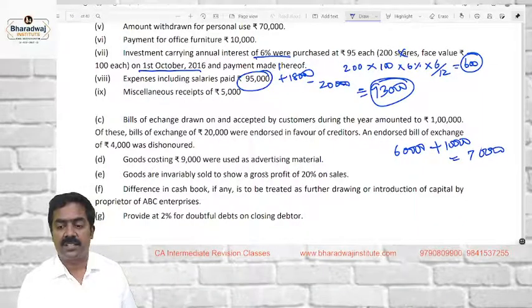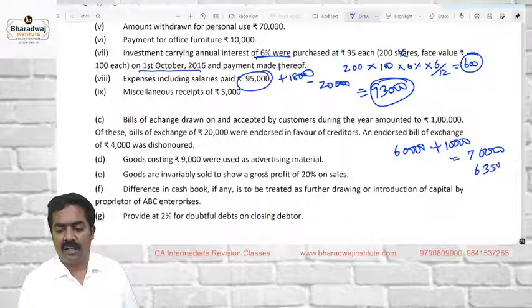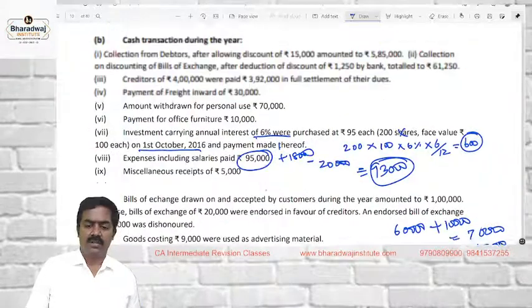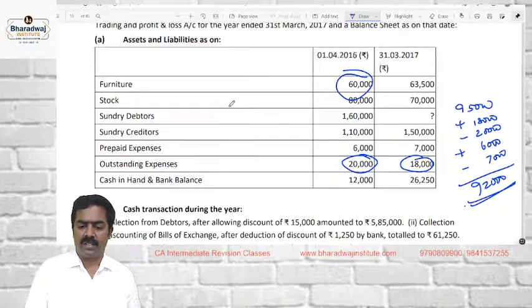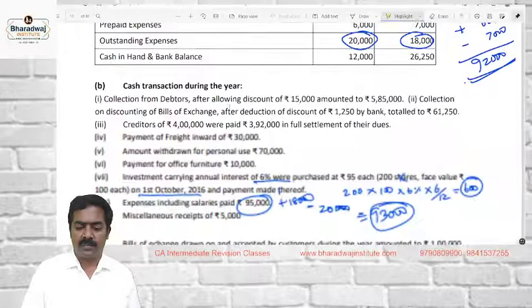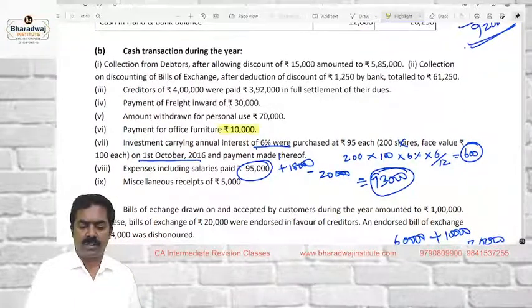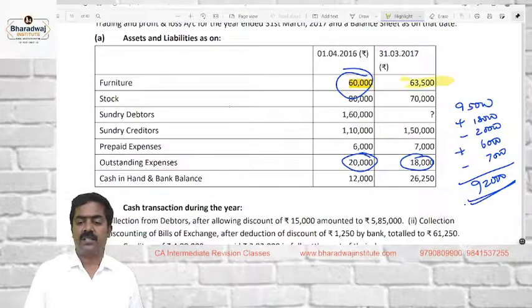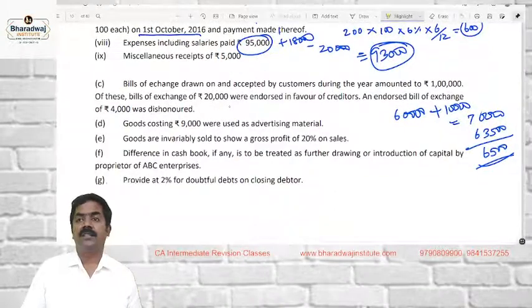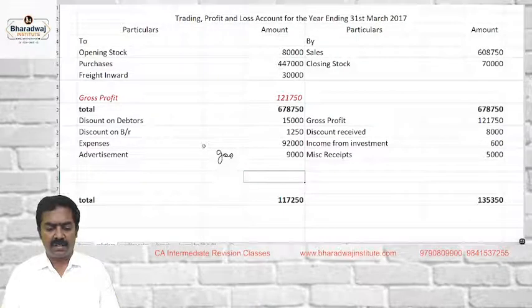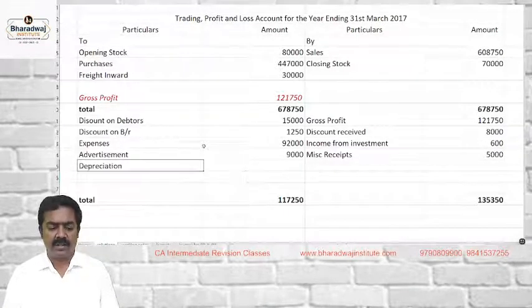But what is the closing balance given? 63,500 only is given, which means what is the depreciation? 6,500 is depreciation. So depreciation on furniture, 6,500 you have to consider.